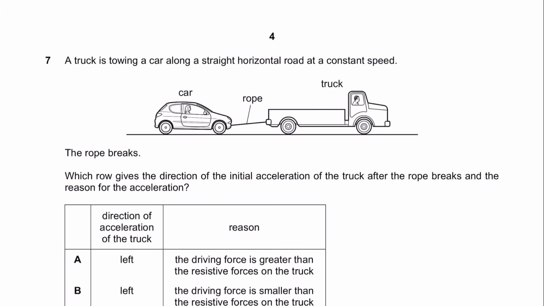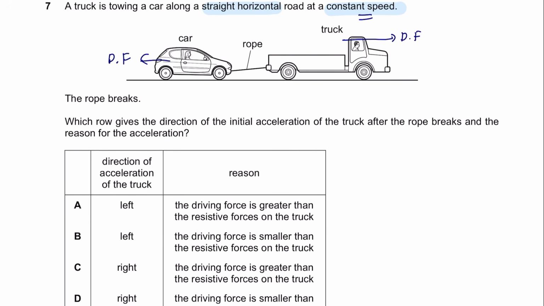Question 7. A truck is towing a car along a straight horizontal road at a constant speed. So constant speed tells us that the driving force of the truck is equal to its drag force, which is the car pulling it backwards. It says that the rope breaks. Which option gives the direction of the initial acceleration of the truck after the rope breaks and the reason for this acceleration?